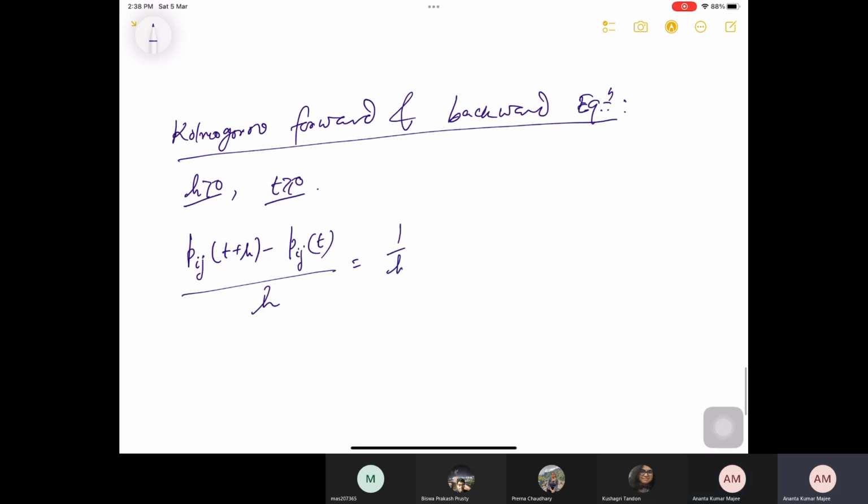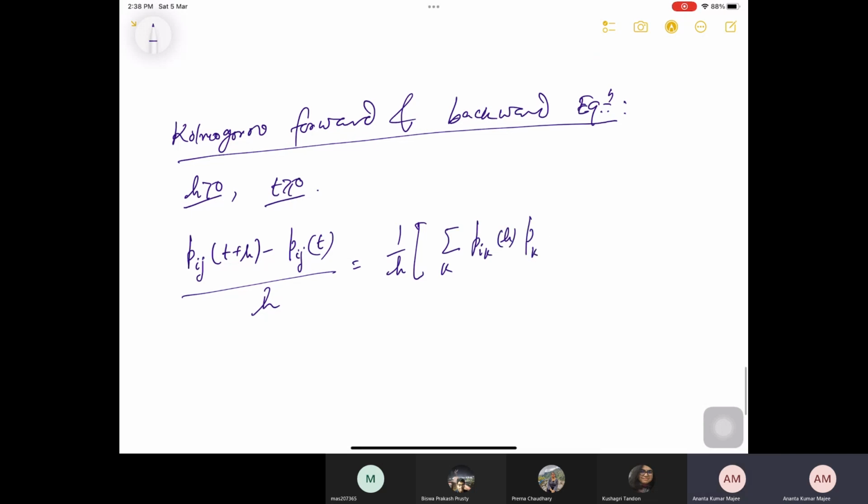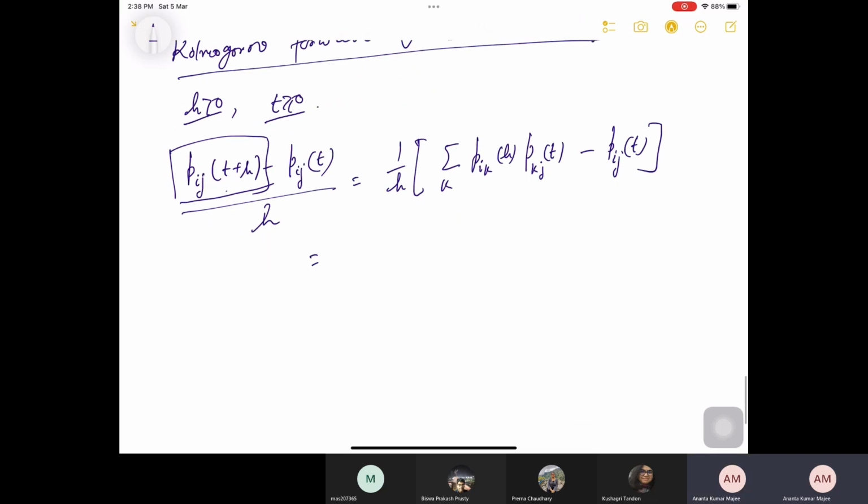So this is 1 by h of the summation over k of Pik of h times Pkj of t, because I just write Pij of t plus h in this summation form, and minus Pij of t.